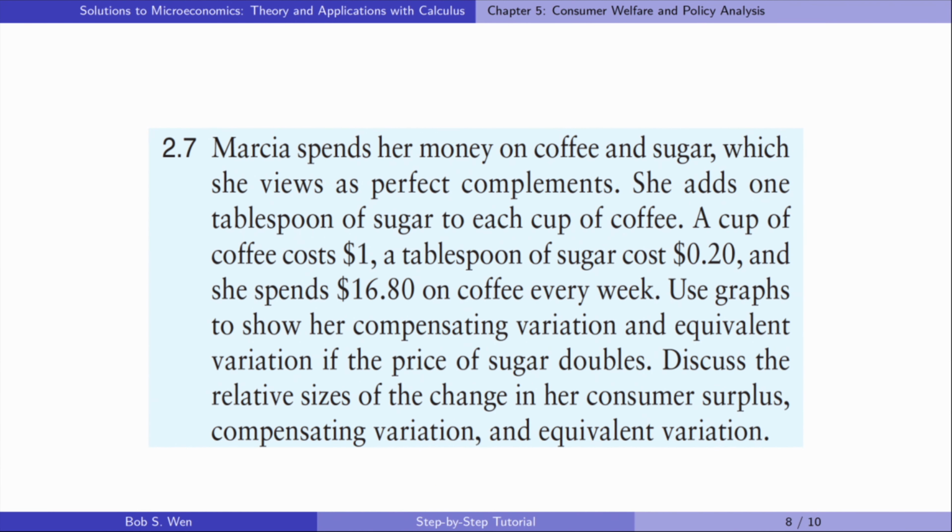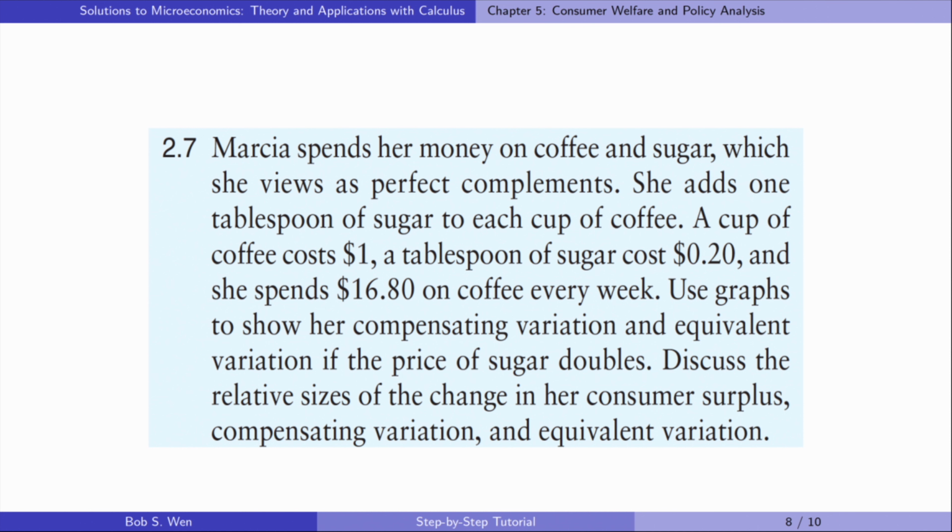Let's find answers to exercise 2.7. The consumer spends her money on coffee and sugar, which she views as perfect complements. She adds 1 tablespoon of sugar to each cup of coffee. A cup of coffee costs $1.